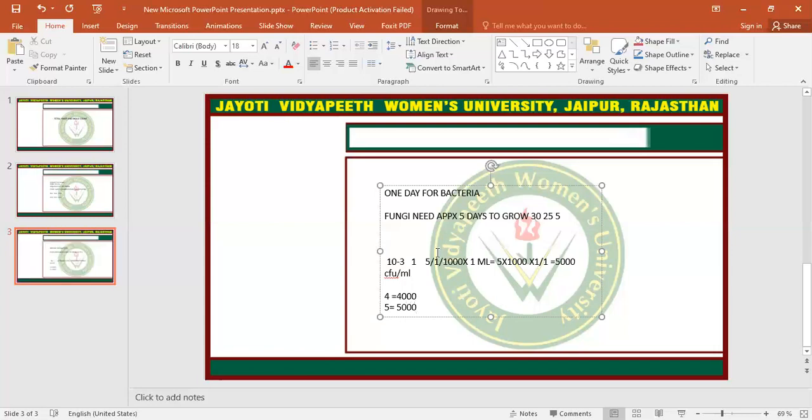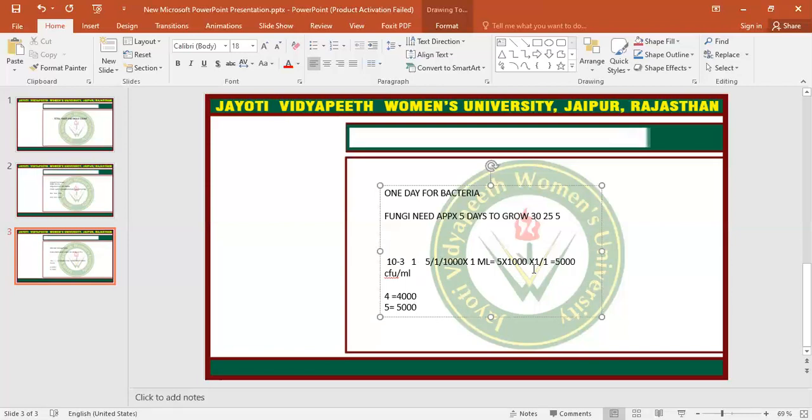So the average of these three plates is 5000 plus 4000 plus 5000 divided by 3. The result will be the final result of colony forming unit.